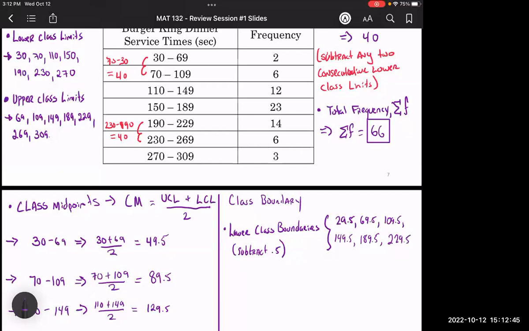And the last one? No, there's one more for right now because we're doing lower class boundaries. 269.5. Very good. Those are your lower class boundaries.